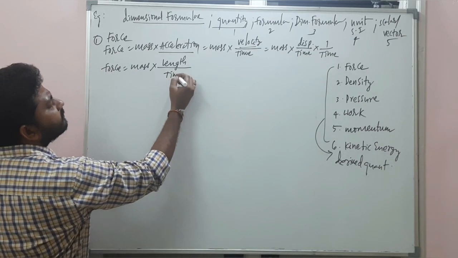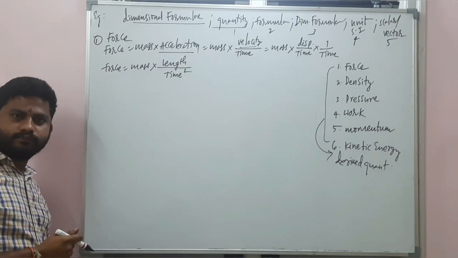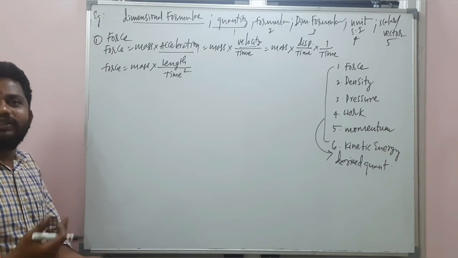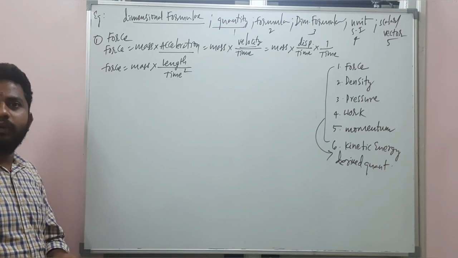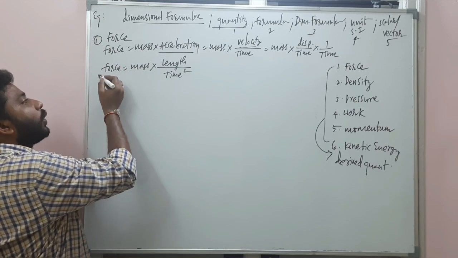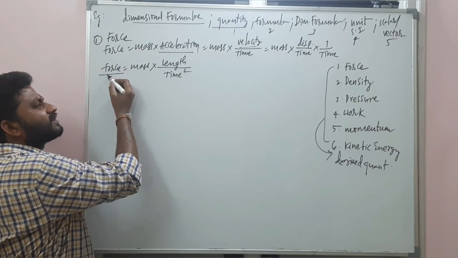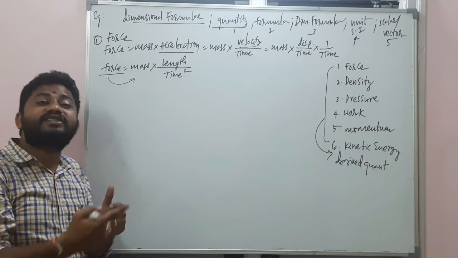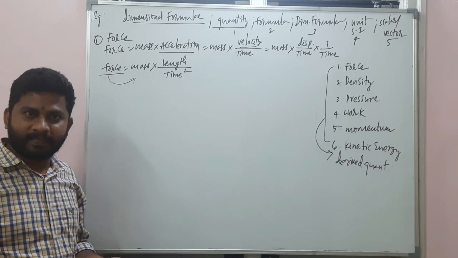It is time square. No confusions. What is our aim? To find the dimensional formula, we need a physical formula. Yes, physical formula we have, and all these quantities must be written in terms of the fundamental quantities.